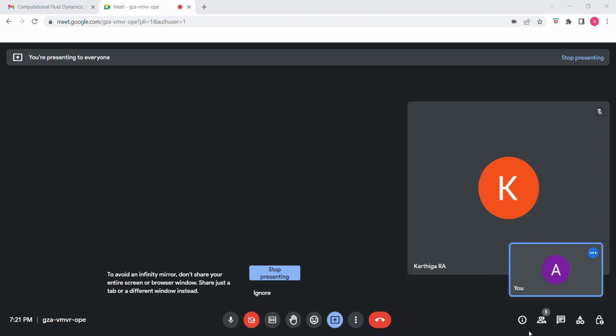For equation 1 to be dimensionally consistent, what should be the units of Q? Here Q is equal to K d square T by dx square.